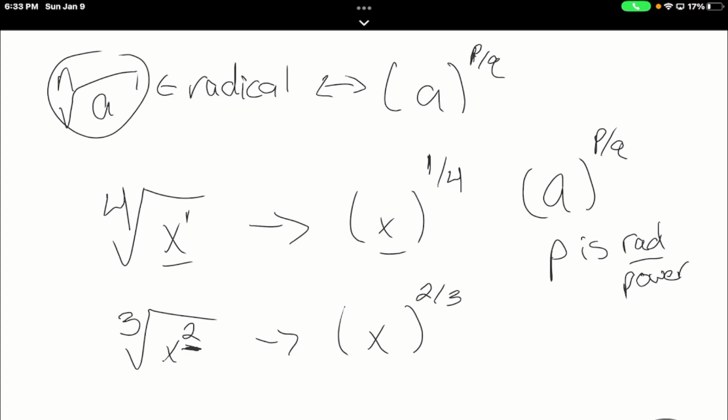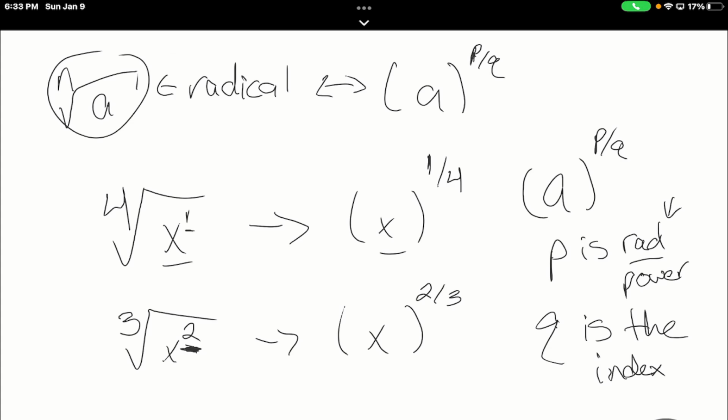In this case, it's 2 here, it's 1 here. And then Q is the index. Rad is cooler, rad gets the spotlight, so he's on top. Q is the index, he's not so cool, he gets the denominator of the fraction. That's how we translate between the two.